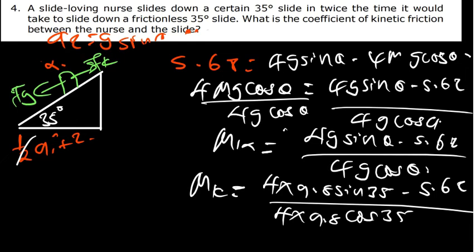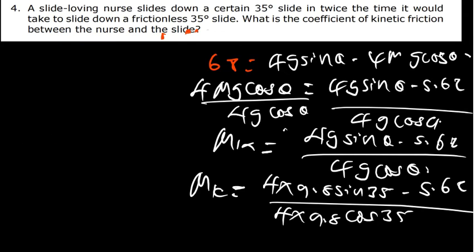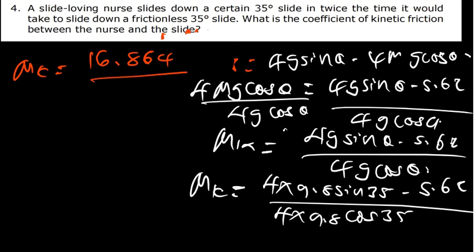So what will be our mu value? You can see that our mu k is going to be, what is 9.8 times 4? 39.2. So 39.2 sine 35, the answer I'm finding is 22.48, minus 5.62. So on top I'm getting 16.864. Let's see what we're going to have down there.